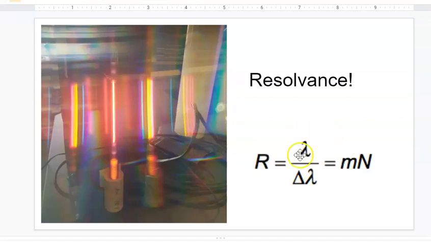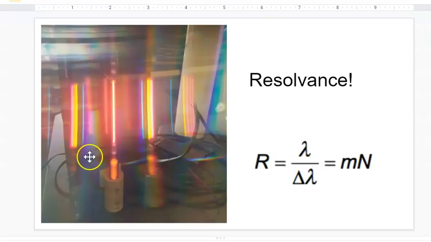Okay, lambda is that particular color you're looking at, that particular yellow color, for example. That's lambda. And delta lambda is the difference between the two yellows when you look in really carefully, and you can see that there's actually two different yellows there, and that you can tell them apart. As we saw with this periodic table, for these two green lines, delta lambda would be the difference between these.